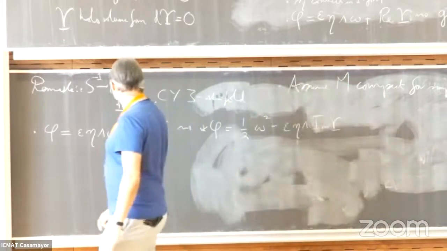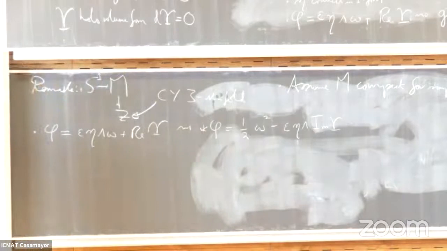Can I just ask one more question? You mentioned Sasaki is when the cone is Kähler. Is this the case when the cone is going to be Calabi-Yau? No, that's not it. It's a good question. You may think maybe there should be some natural Calabi-Yau structure in one dimension higher, right?